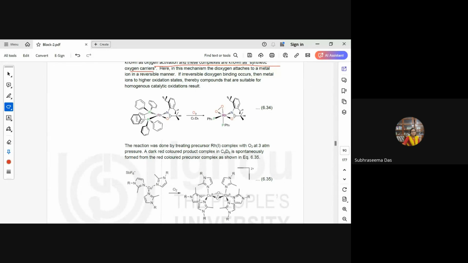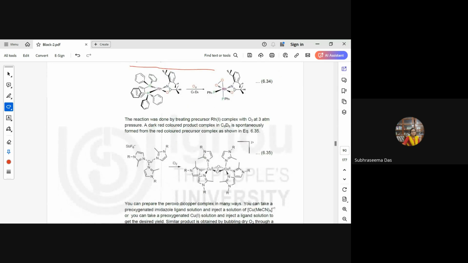If irreversible oxygen binding occurs, then the metal ions go to a higher oxidation state, and thereby the compounds are suitable for homogeneous catalysis. Here the reaction was done by treating a precursor rhodium 1 complex with oxygen at 3 atm pressure. A dark colored product in C6D6 was observed, and it formed this red colored product as shown in equation 6.34.